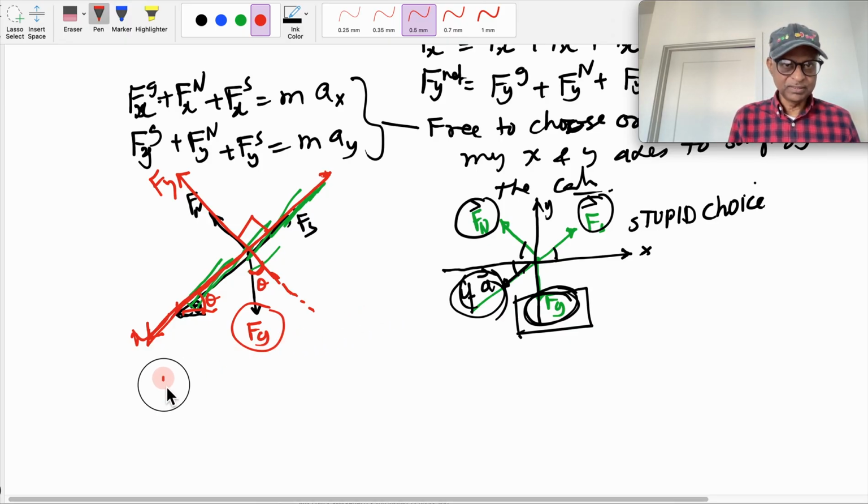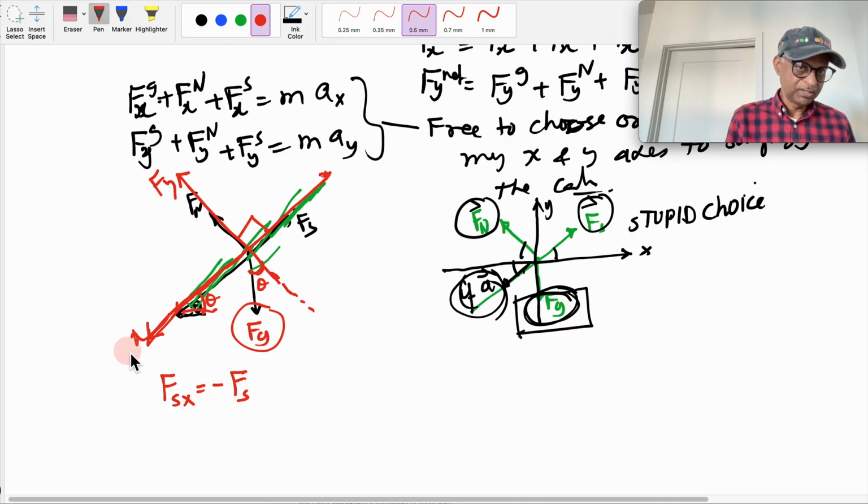So if we do this, then Fsx equals minus Fs. This is the magnitude of the force. X is pointed down, and this guy is in the opposite direction. Fsy is 0.